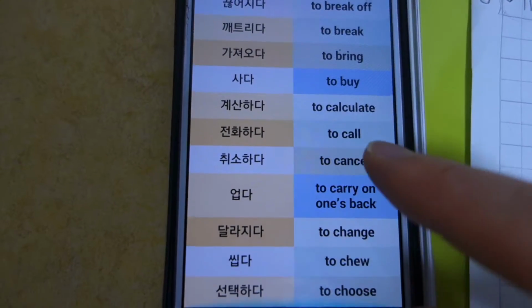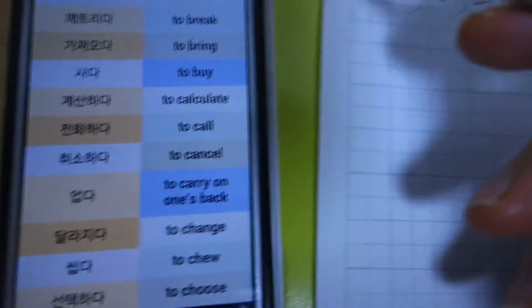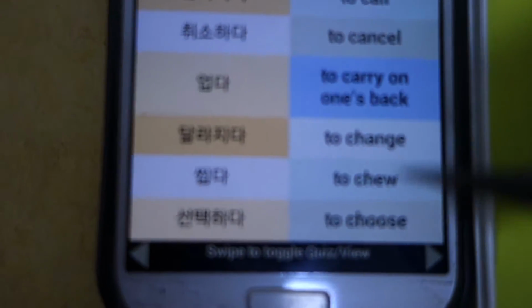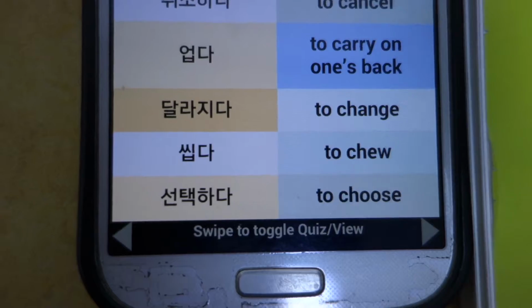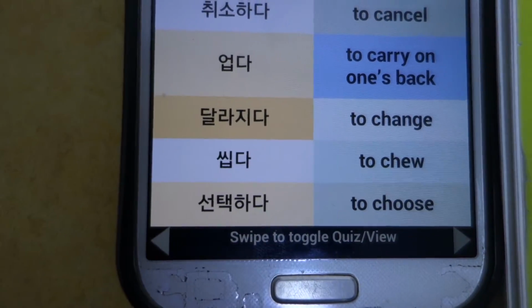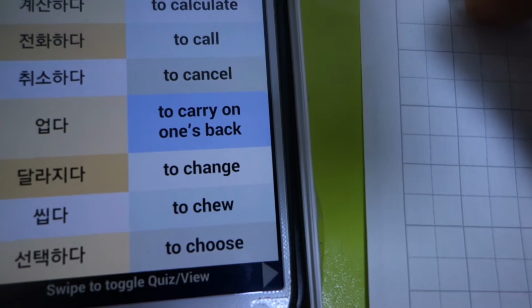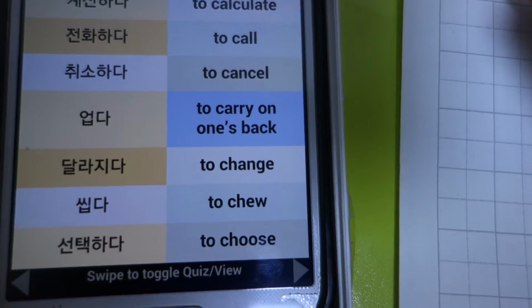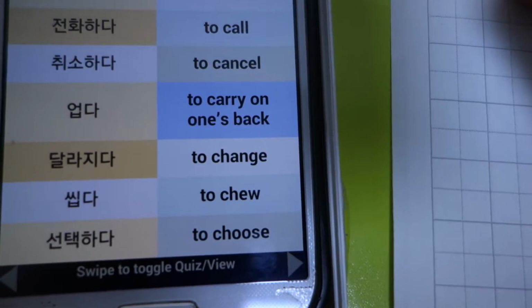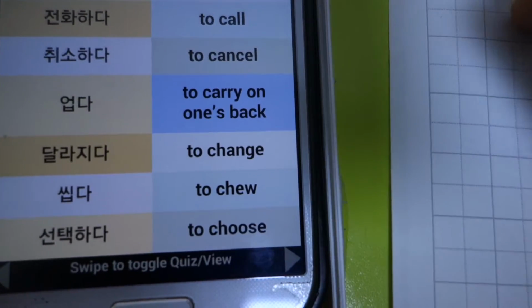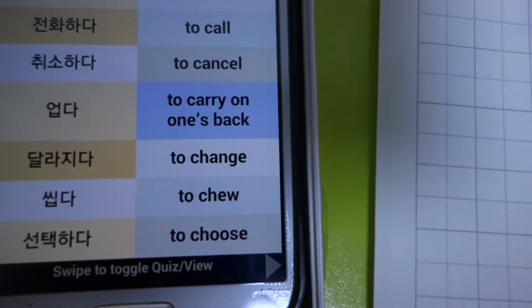So how do you actually get these things into your brain? Here it is at the bottom. It goes through these things randomly. So I'm just going to write it down. Okay, my writing is not that great, I'll admit that. I'm just at the beginning.